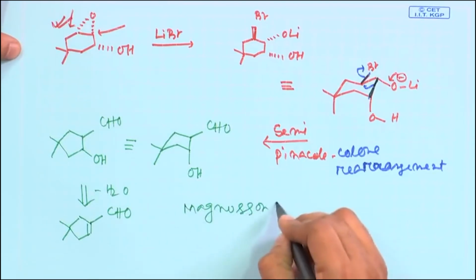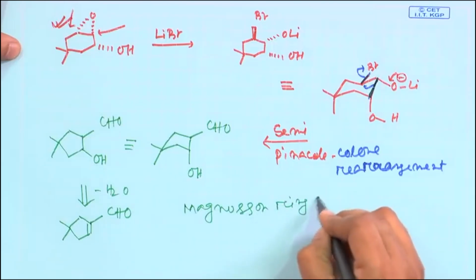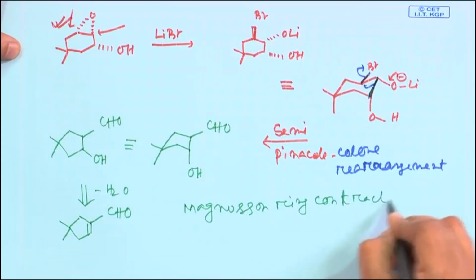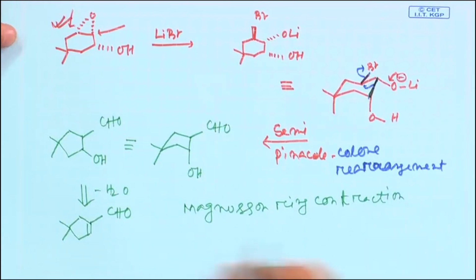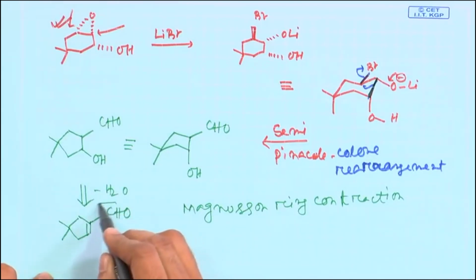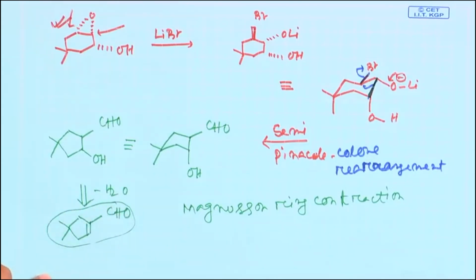Now, as I said, this is not a very popular reaction. It is a reaction which is explored during terpene synthesis, and this kind of aldehyde serves as a very good intermediate or very good building block for terpene synthesis.